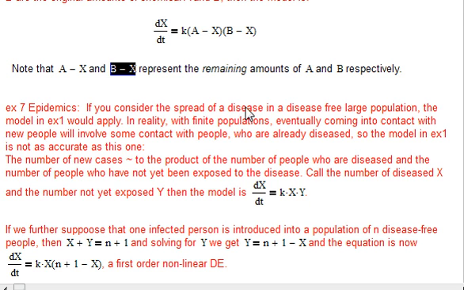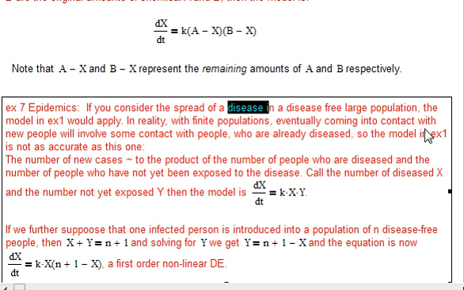If you consider the spread of a disease in a disease-free population, the model in examples 1, 2, 3, and 4 would apply. That is, the number of sick people is some proportion of the people in the population, the number of people that get sick.